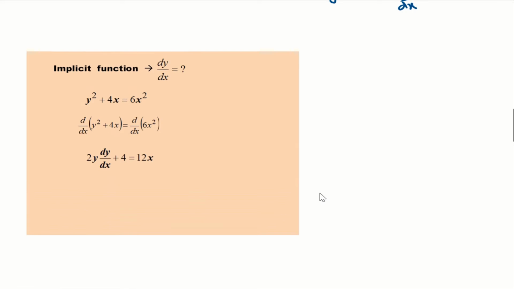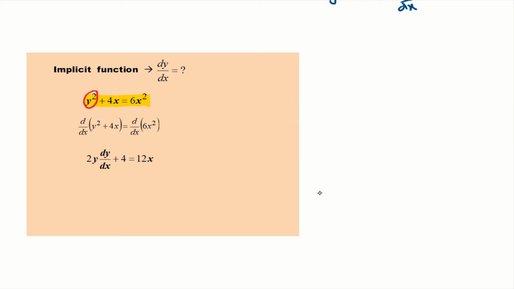Okay, for example, we have the implicit function y squared plus 4x equals 6x squared. We are going to differentiate implicitly. First, we need to differentiate y squared.